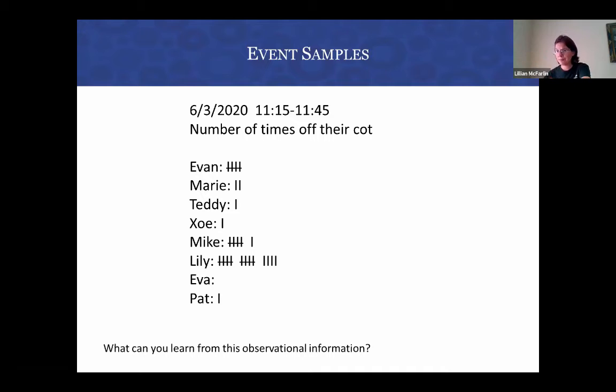Lay Lily down, get up, run over, lay Mike down. Get up, and run back the other way. And as you're doing that, maybe Evan is in the other corner of the room and is taking advantage of the teacher being preoccupied going back and forth and is like, you know what? I think I can make a break for the block area right now. I'm going for it.